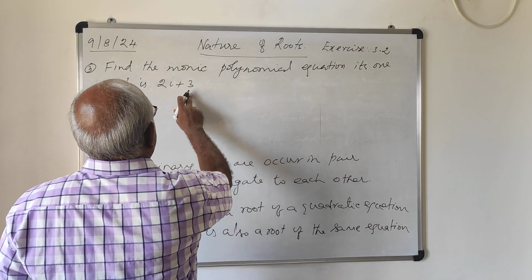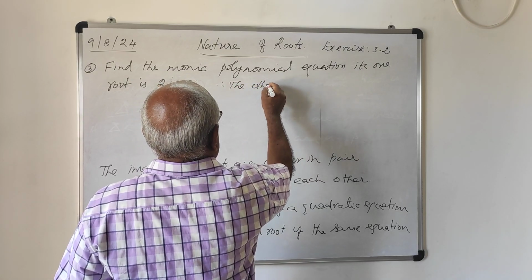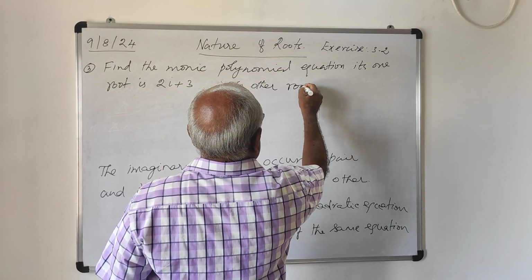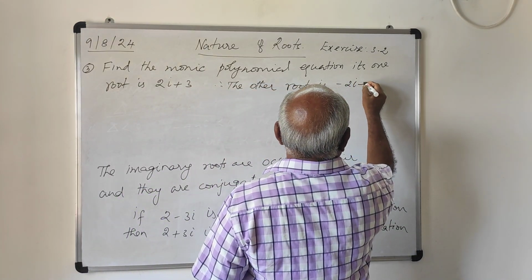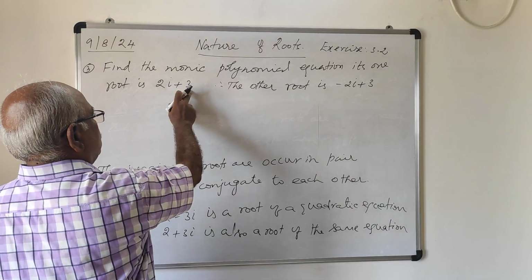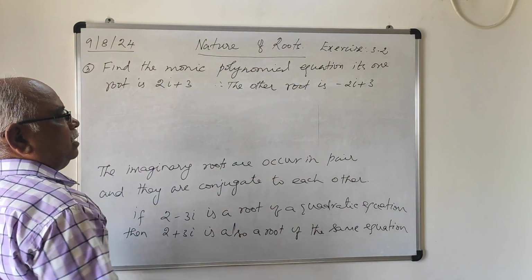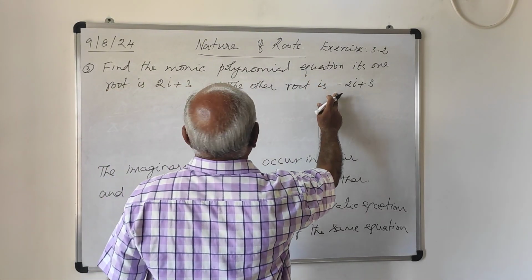If one root is 2i plus 3, therefore the other root is minus 2i plus 3. See, they are conjugate roots. Imaginary roots are conjugate to each other. That means the sign of the imaginary part should be changed.